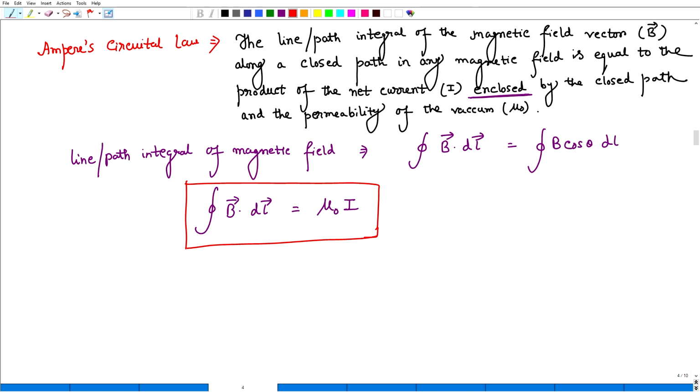Okay, so this is our Ampere circuital law, where this part is essentially the line or path integral of magnetic field, and mu naught is the permeability of the vacuum and I is the total electric current enclosed by that loop.